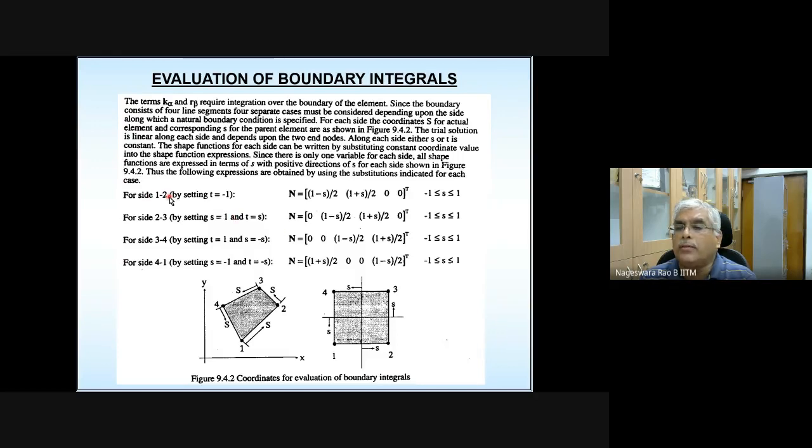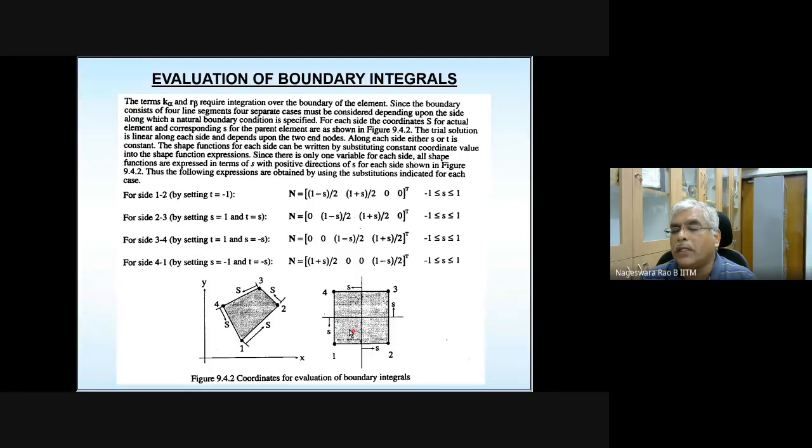For side 1, 2, the shape functions are going to look like this, because the shape function expressions are written for the parent element. So along this side 1, 2, the values of the shape functions of nodes 3 and 4 are going to be 0, and also the shape function expressions of node 1 and node 2, as we are evaluating along a side where t is equal to -1, are going to reduce to this.